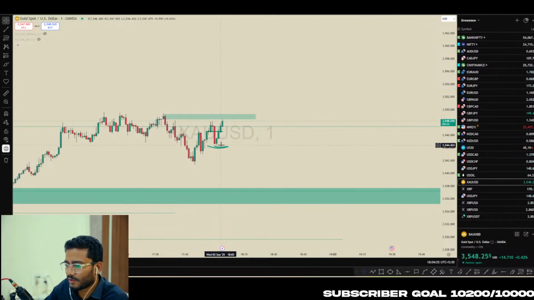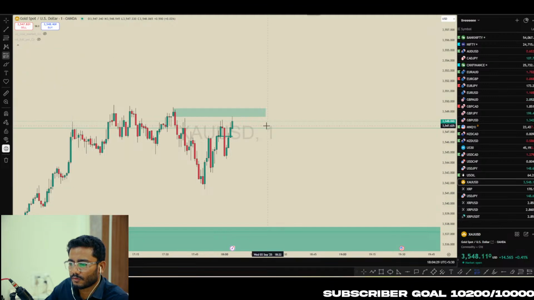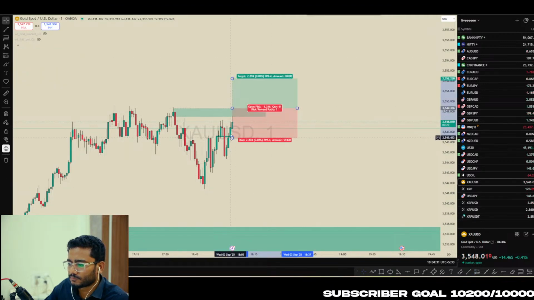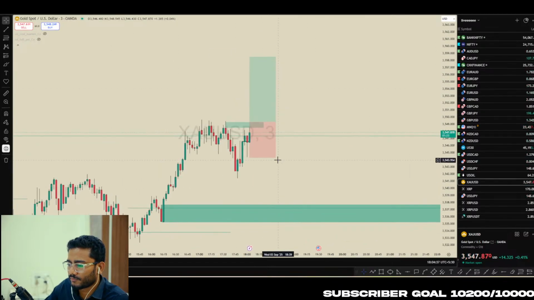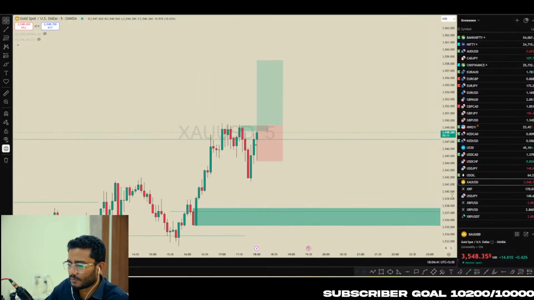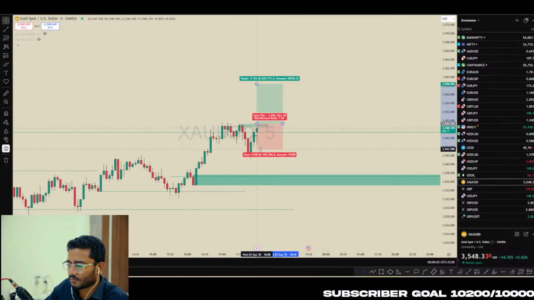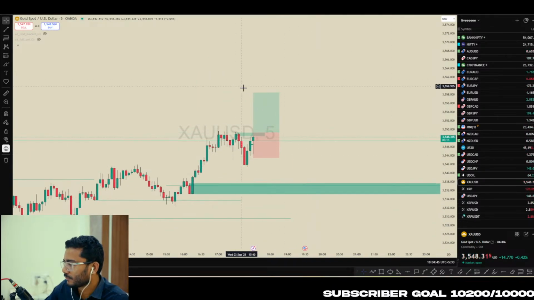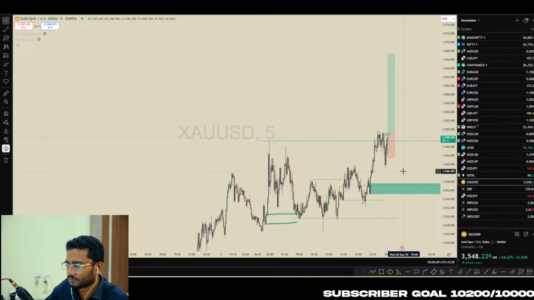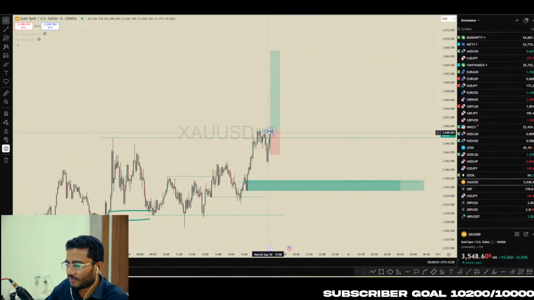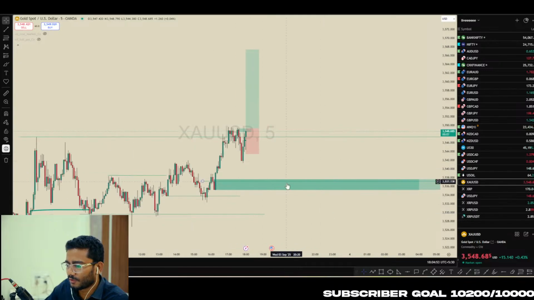We'll get a small reaction from this order block. And if this fails, then we'll look for buy side from here again.